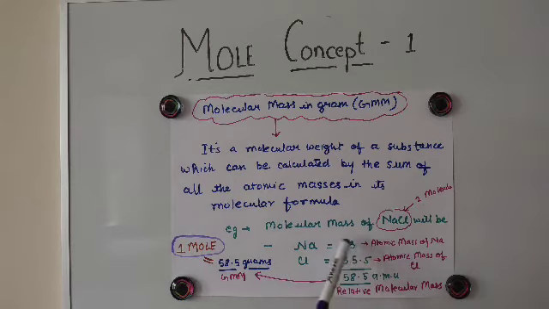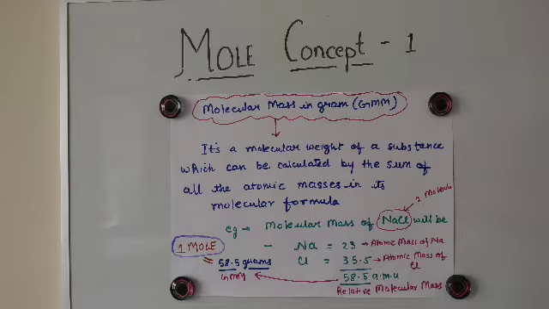It is 23 AMU, and the atomic mass of chlorine is 35.5 AMU. By adding them, we find 58.5 AMU. It's called the relative molecular mass. We will definitely discuss relative molecular mass in our upcoming video.